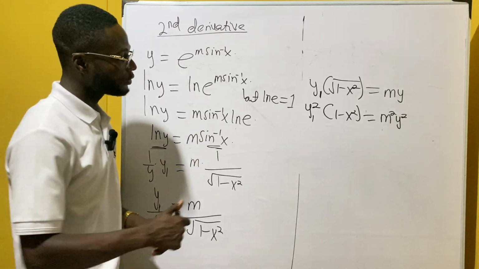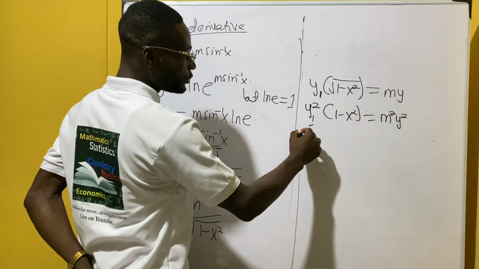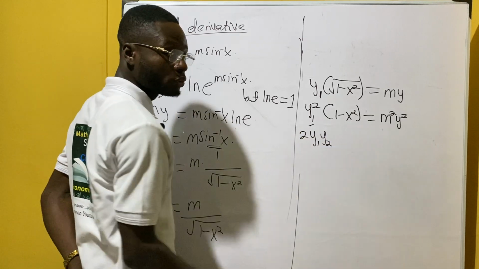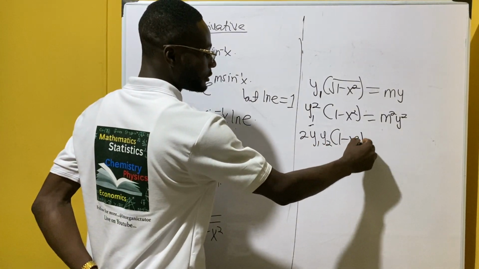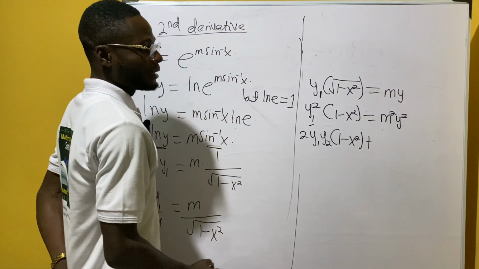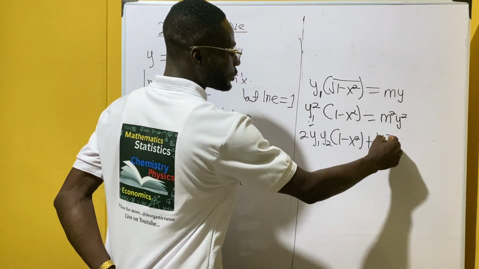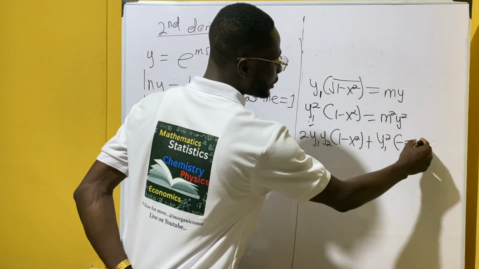So let's go differentiate. This is going to be 2y1 y2, then you maintain the second function, plus maintain the first function y1 squared, then you differentiate the second function, and that is minus 2x.